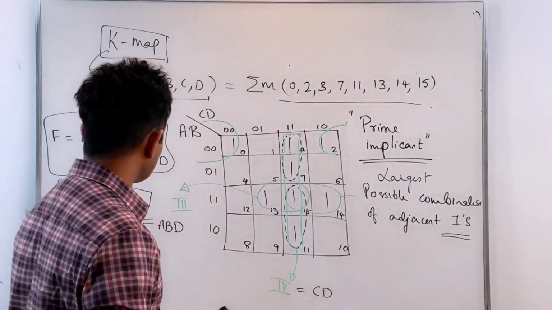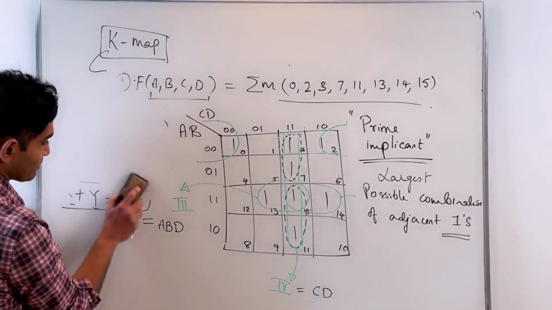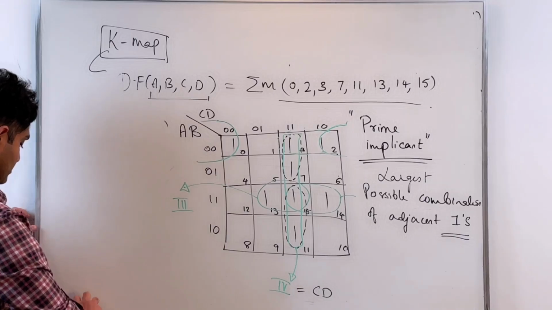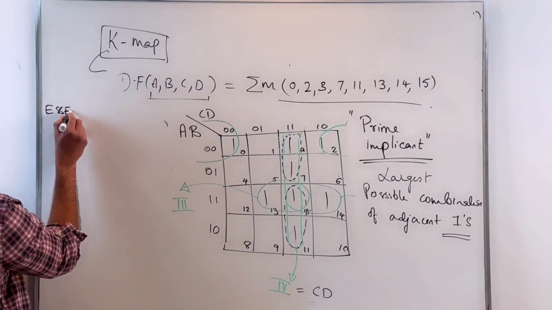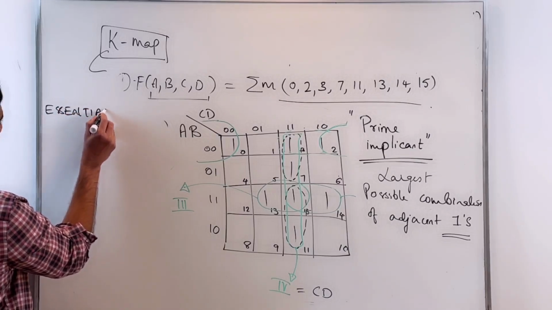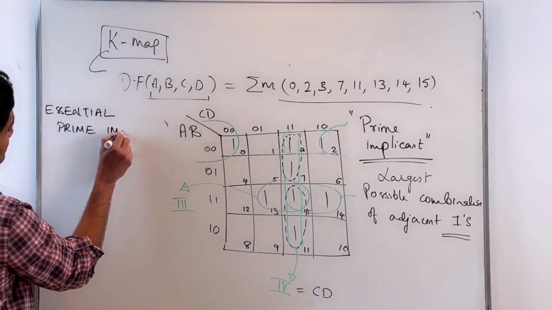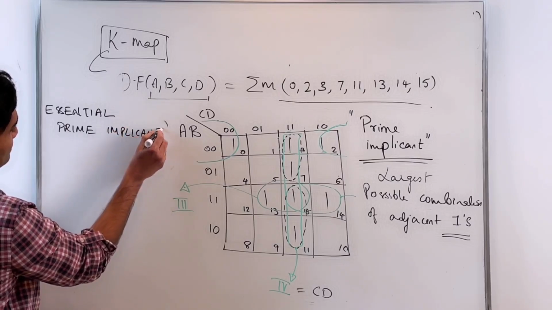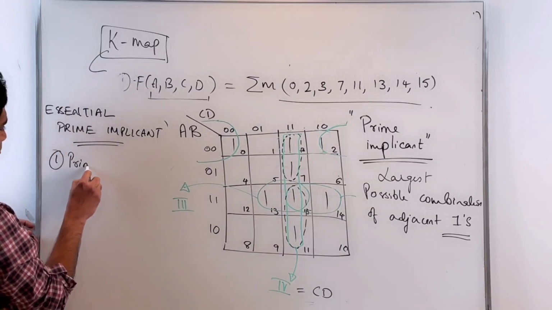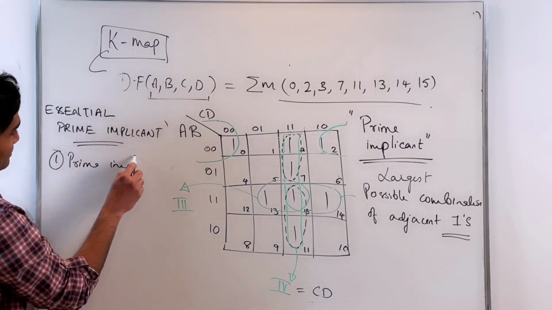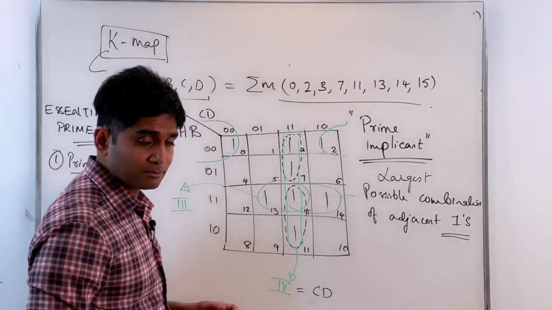Then we have what is called the essential prime implicant. Let me define it. First of all, it has to be a prime implicant to start with. That means it has to be the largest possible combination.